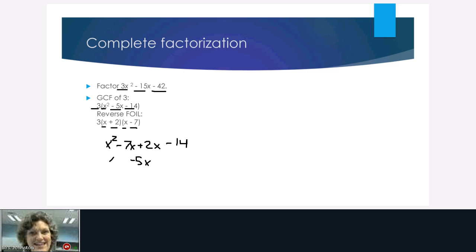Then I can go back and multiply each of these terms by 3 to get back to my original polynomial, 3x squared minus 15x minus 42.